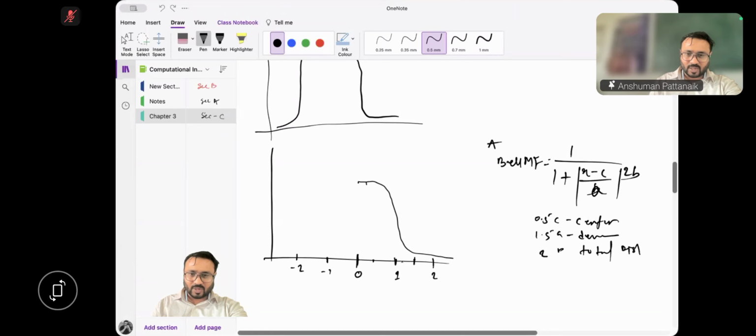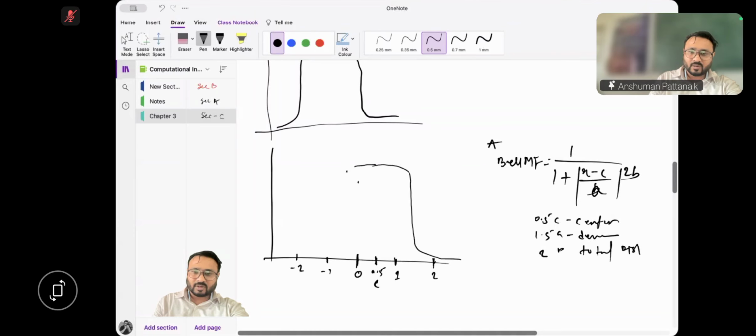With 1.5 it will be 2, so it will deviate like this. And from 0.5 going this side, how much will it come? Up to -1. Yes or no? 1.5. So -1. Then it will deviate like this. This can be the graph. Are you following this?